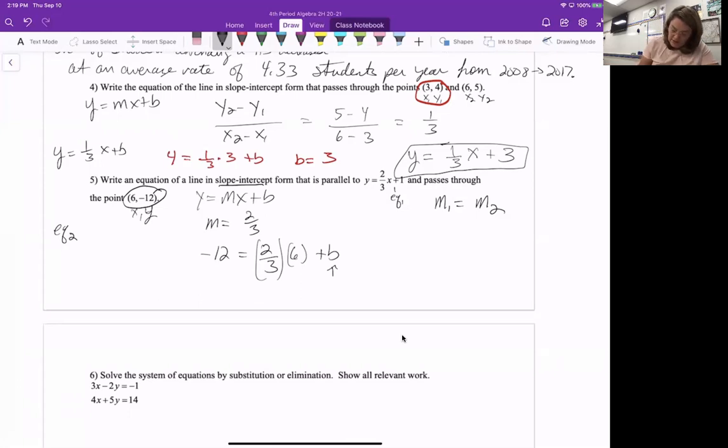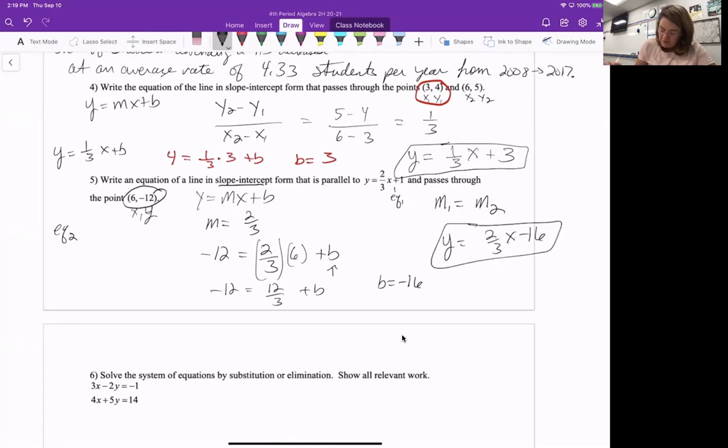I find that I have negative 12 equals 12 over 3 plus b, and then I will solve and I will find that b equals negative 16. And so once I have that, I can say y equals 2/3 x minus 16. And there's your equation for your line. Okay.